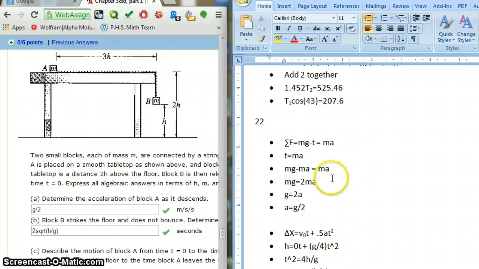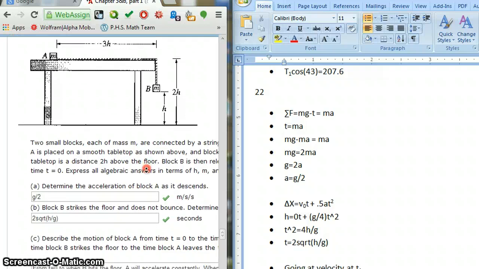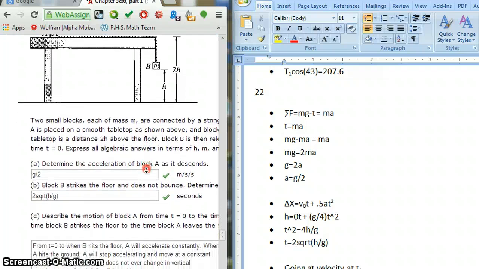They just happen to be the same thing. So you can plug in ma for T here, and you get mg minus ma equals ma. Or basically the weight minus the tension will equal the net force. It's a really nice coincidence. And then you can manipulate things in this equation and get that g equals 2a, and a equals g over 2. So the acceleration of block A as it descends will be g over 2 meters per second squared.